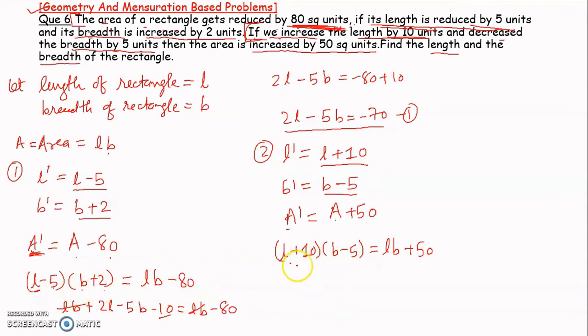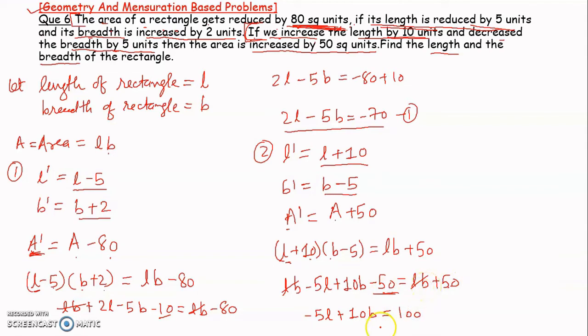We will simplify this equation the same as we have done before. We will multiply those two brackets. L will multiply with B minus 5, so it becomes LB minus 5L. Now 10 will multiply with B minus 5, so it becomes 10B minus 50, equal to LB plus 50. Here LB will be cancelled out, so the remaining is minus 5L plus 10B. The minus 50 goes to this side, so it becomes plus 50. So 50 plus 50 will become 100.